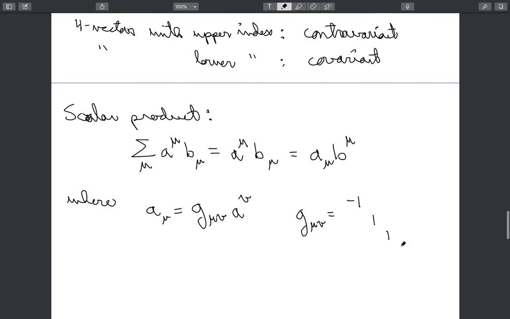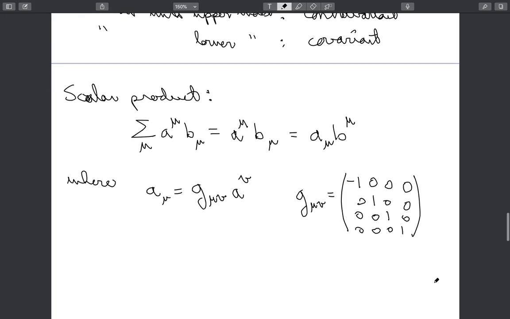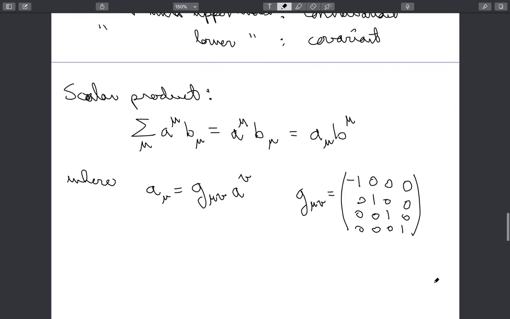It's the diagonal matrix with zeros everywhere except on the diagonals, but a different sign for the time-like component. Okay? So this is known as the Minkowski metric.